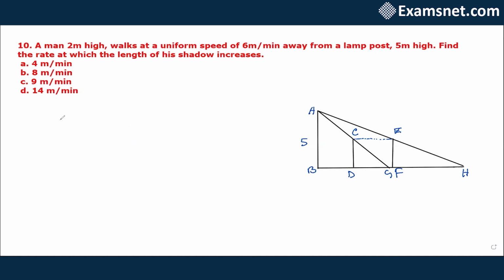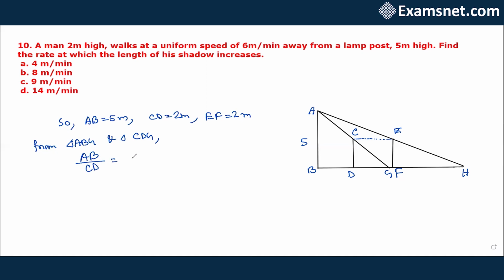So here we can say that AB equals 5 meter, CD equals 2 meter, and also EF equals 2 meter. Now from triangle ABG and triangle CDG, since these two triangles are similar, we can write that AB by CD equals BG by DG, meaning the ratio of their sides are equal.